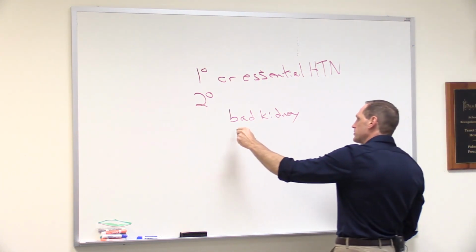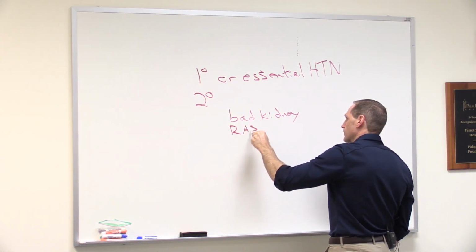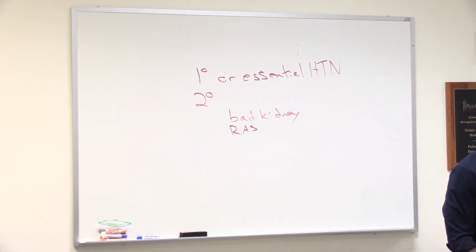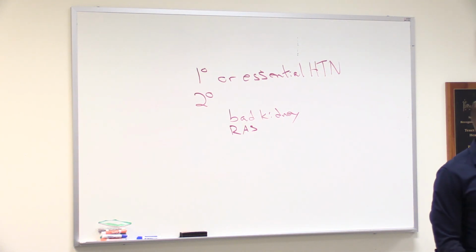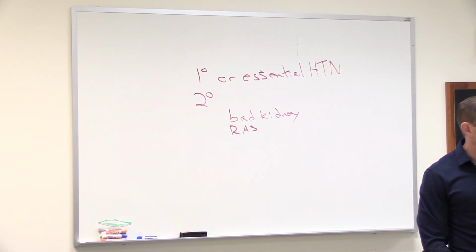What if you had renal artery stenosis? What does that do? What is renal artery stenosis? So it's when the renal artery is too small, the kidney can't get enough blood flow. So what does it do?